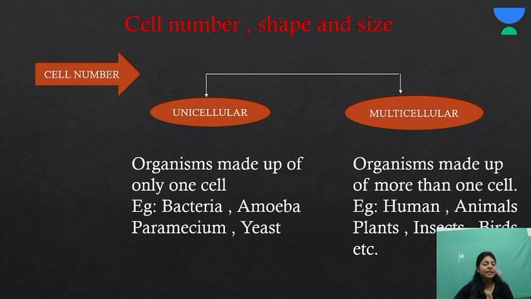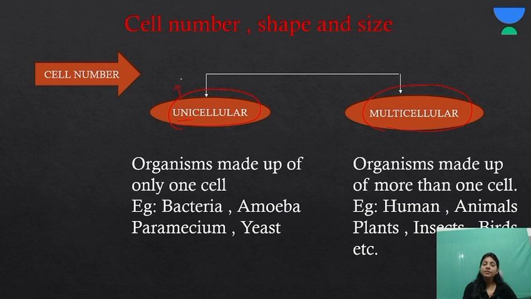Now, the next is the cell number, shape and size. So, first one is your cell number. Based on the number, the organism is divided into two criteria. First one is the unicellular and the second one is the multicellular. So, what are actually unicellular?